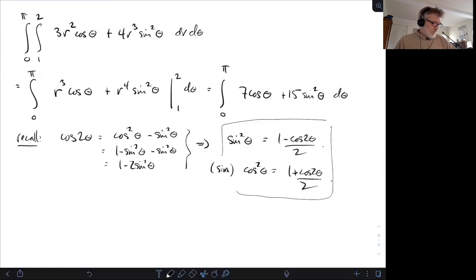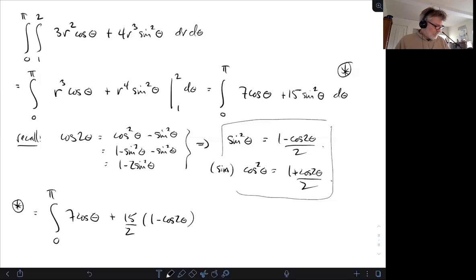So if I go back here, this will be the integral from 0 to pi of 7 cos theta plus 15 over 2 times (1 minus cos 2 theta). And from there, it's straightforward.